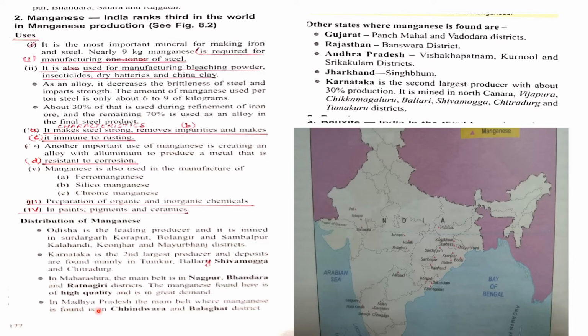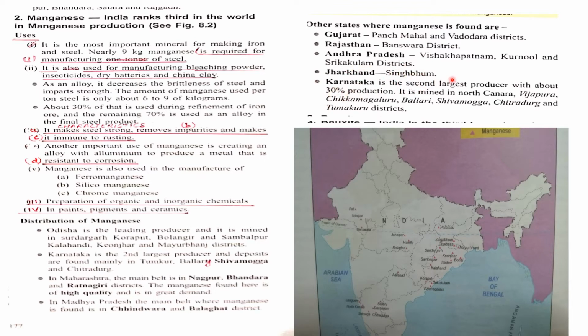In Madhya Pradesh, the main belt where manganese is found is the Chindwara and Balaghat district. The other states where manganese is found are Gujarat, where Panchmahal and Vadodara district, then in Rajasthan in Banswara district, Andhra Pradesh in Vishakhapatnam, Kurnool and Srikakulam districts, in Jharkhand, in Singhbhum district.